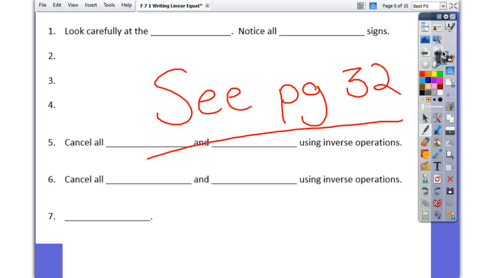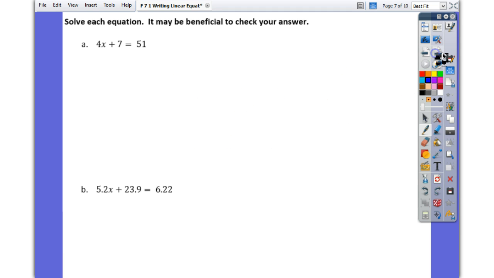Use inverse operations to get the variable on the what side of the what? Starts with an S. Get the variable on the same side of the, starts with an E, equation. We want to get all our numbers on one side and all our variables on the other. It's exactly the same thing as page 32.